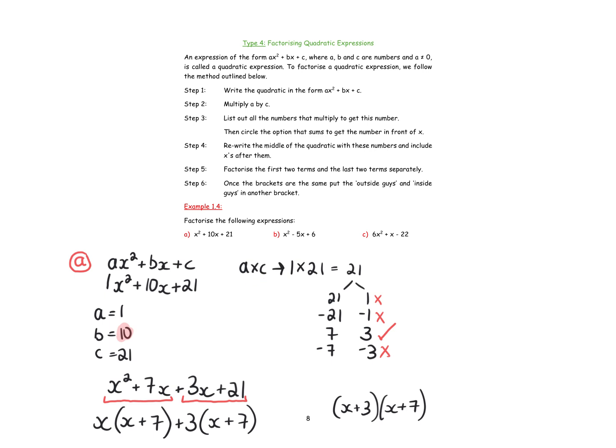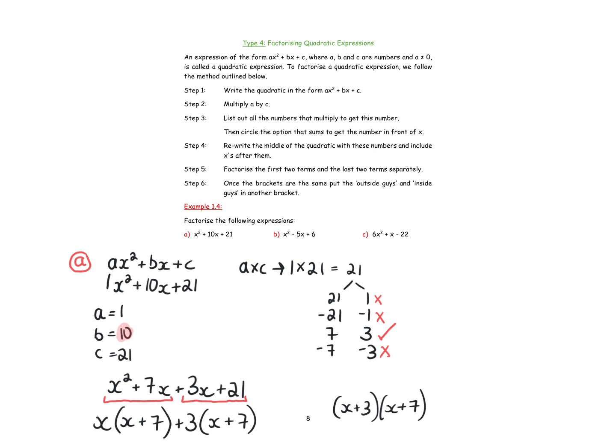I then multiply a by c, and in this example that's 1 times 21. That gives us an answer of 21. And next we need to figure out the numbers that when multiplied will give us 21. Begin by dividing the number by 1, 2, 3, 4, 5, up until you can't divide it by any other number. We did that here.